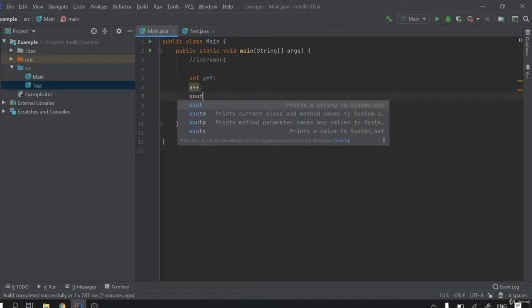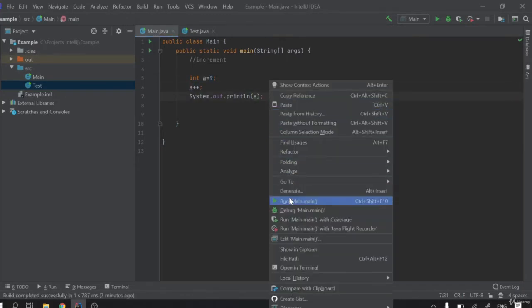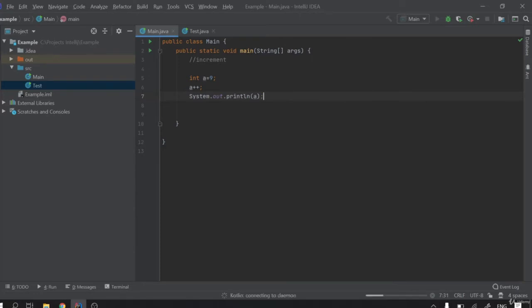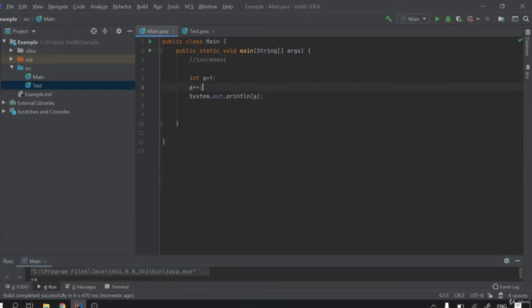Let's test this. Here it was 9, and here we did increment, and we have to see 10. We are waiting. So we saw 10. Why? Because what we did here is increment.